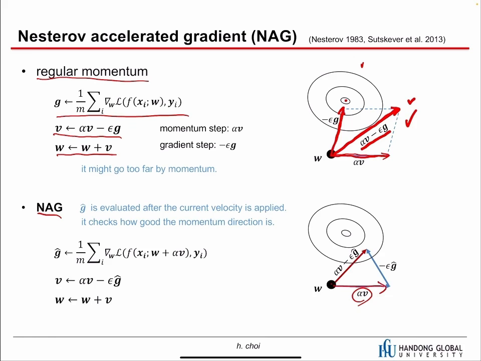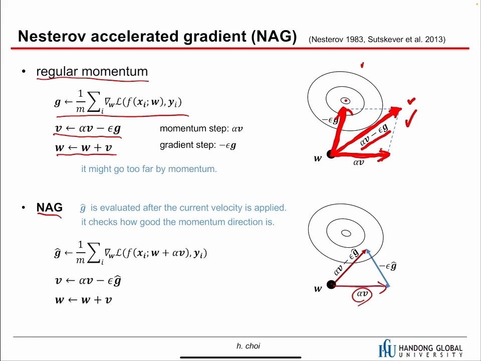We have a momentum and we have a gradient at this point, then we will move this direction. We take this direction anyway. No matter what kind of gradient we have, this is fixed already before calculating the gradient. So this gradient direction is not that informative in this case.